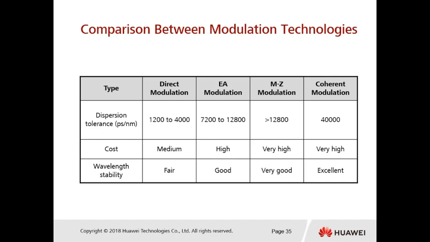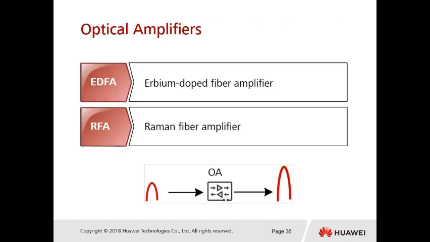So let's check another very important technology, the optical amplifier. The optical amplifier can be divided into rare earth ion doped and non-linear optical fiber amplifiers. Rare earth ion doped optical amplifiers amplify the optical signals using the stimulated radiation mechanism, and non-linear optical amplifiers amplify the optical signals using the non-linear effect of optical fibers.